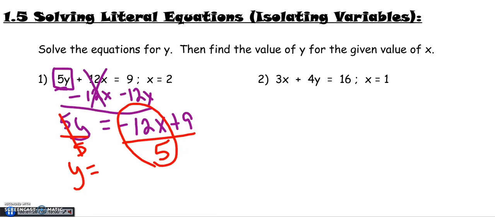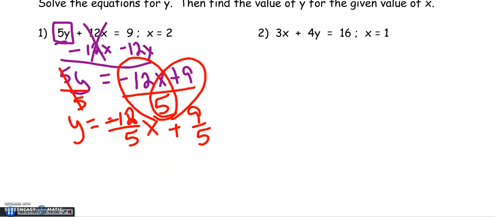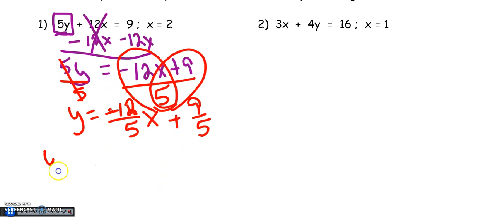So negative 12x over 5, we're just going to leave as a fraction, negative 12 over 5 with the x, and then we're going to do the same thing here, so plus 9 over 5. We've got some fractions in there, and that's fine. Fractions are okay. So our final answer, y equals negative 12/5 x plus 9/5.